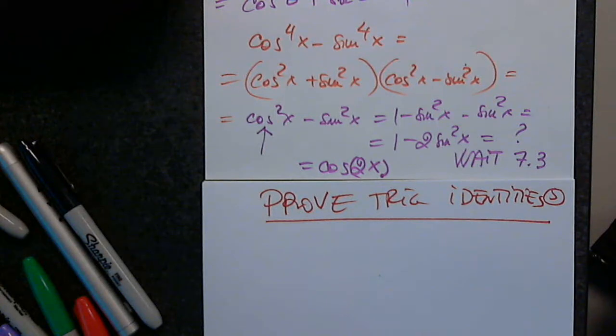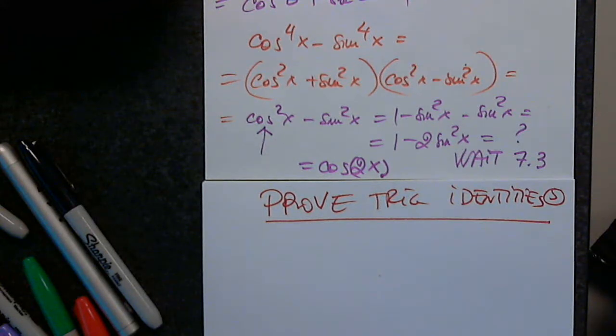If there are identities, the left-hand side equals the right-hand side. Why would I have to work on that? And is there a trick question? No. If I'm told, prove this identity, I have to show that the identity is true, but there is no trick question, meaning it does not happen that the left-hand side does not equal the right-hand side.